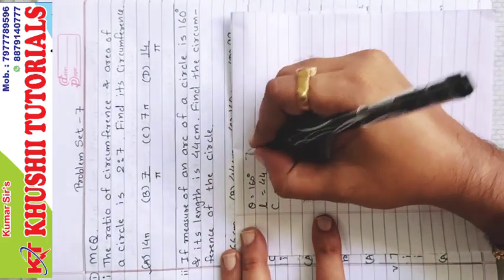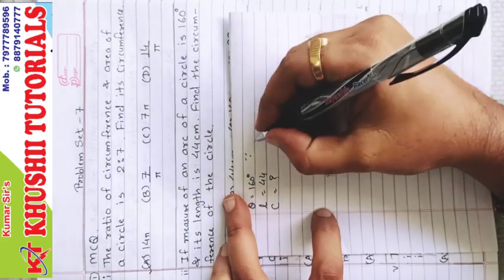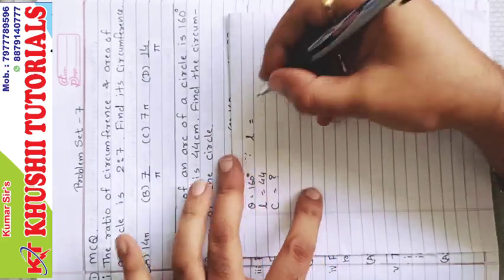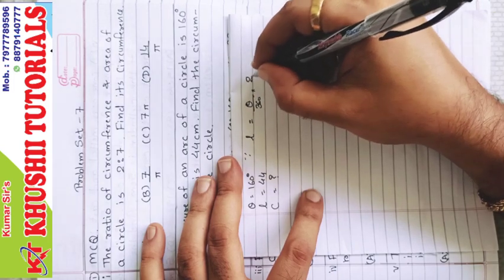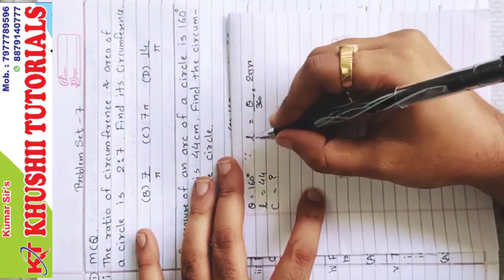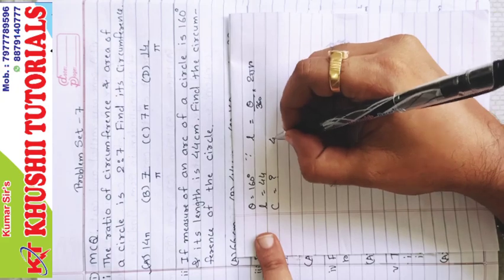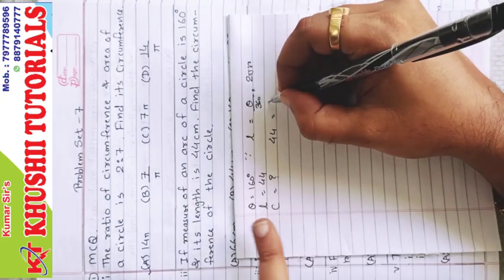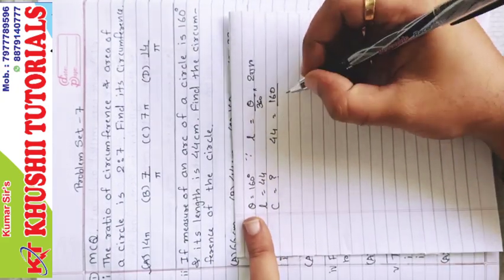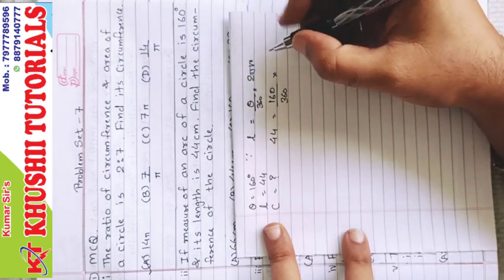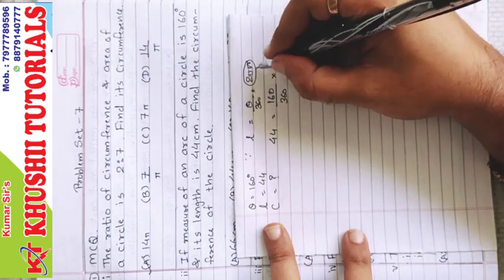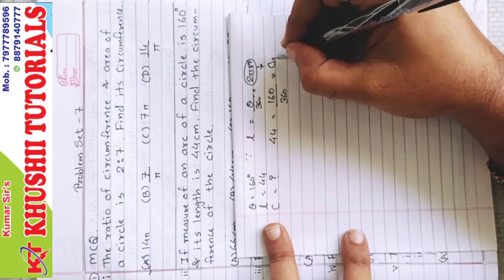We know the length of arc formula: length of arc equals theta upon 360 into 2 pi r.